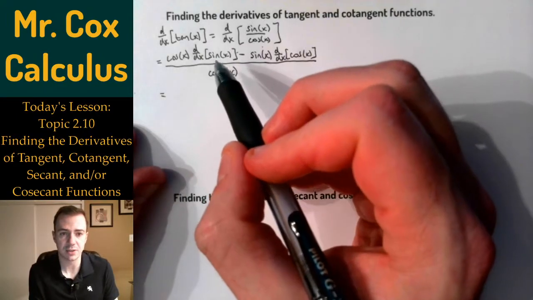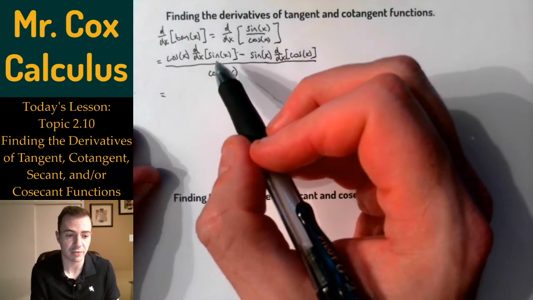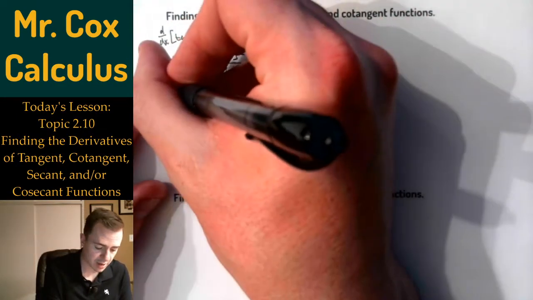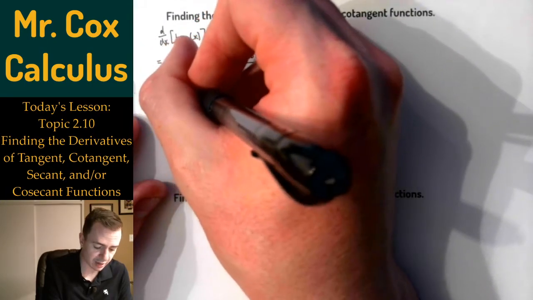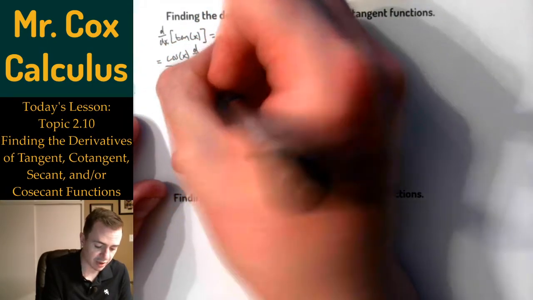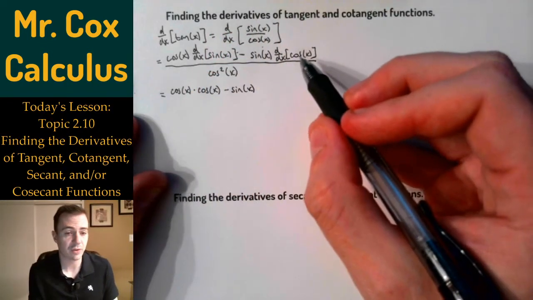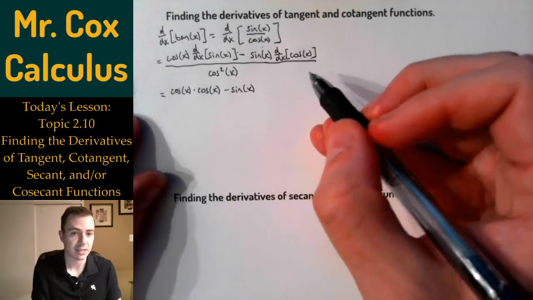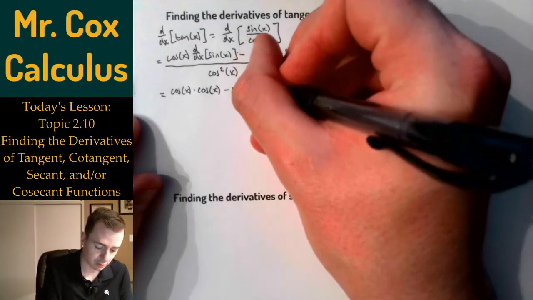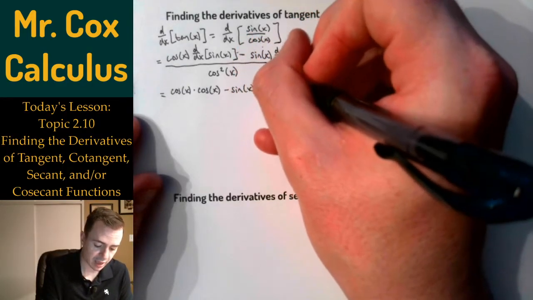So now let's take the derivatives here. We know the derivative of sine of x is cosine of x. So I end up with, in the numerator, cosine of x times the cosine of x minus sine of x, and the derivative of cosine of x is negative sine of x.